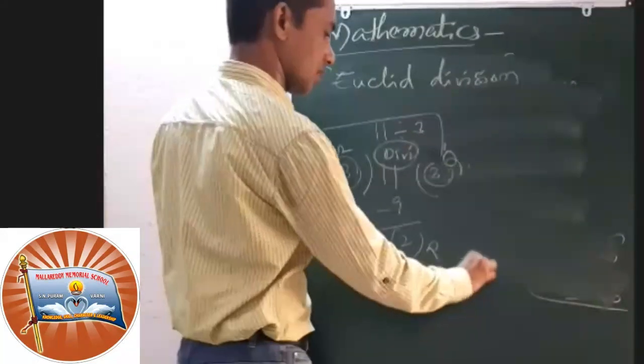If I want the dividend, I have to do divisor into quotient plus remainder.